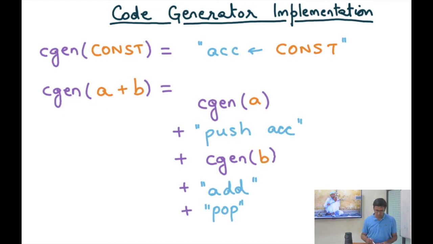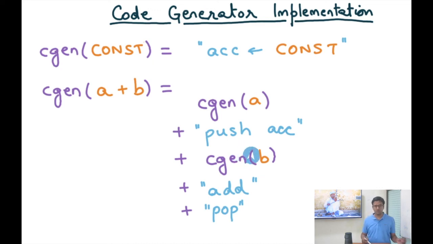Cgen for a plus b, where a is an expression and b is an expression, involves first codegening a. After codegen for a is complete, I can assume that the result of a is in the accumulator. Then I do push accumulator, to save it on the stack. Now I can do codegen b, and I can be sure that codegen b is not going to clobber my pushed value.